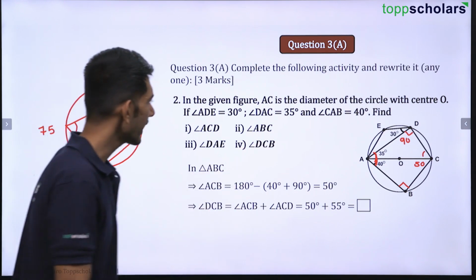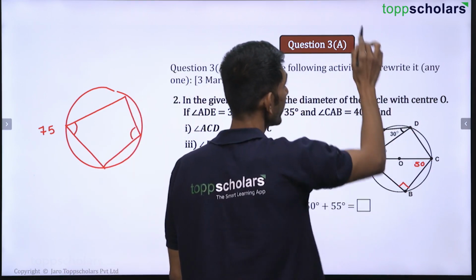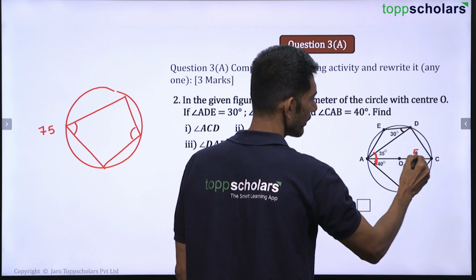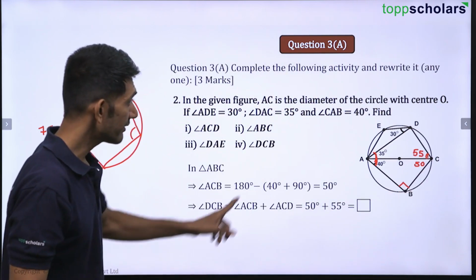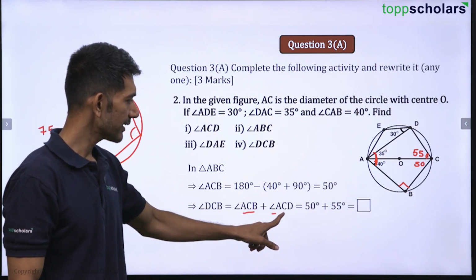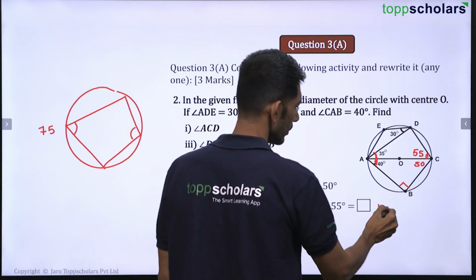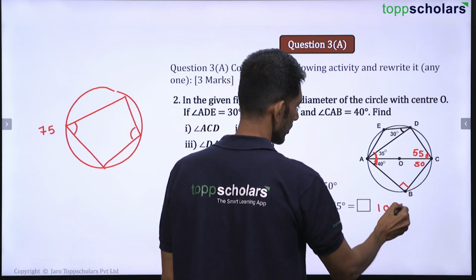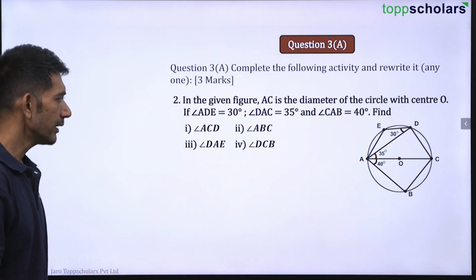Okay, ACD we have already calculated, 55. So DCB will be what? ACB plus ACD, that is 50 plus 55, that is equal to 105 degrees, right? Yeah, and that's it.